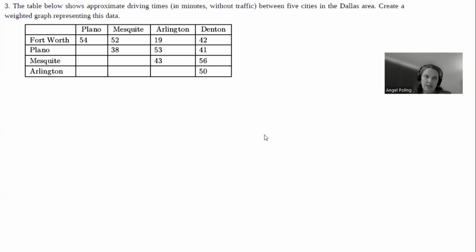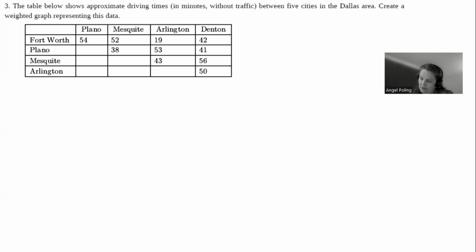All right, looking at 3, we have the table below showing approximate driving times in minutes without traffic between 5 cities in the Dallas area. Create a weighted graph representing this data.